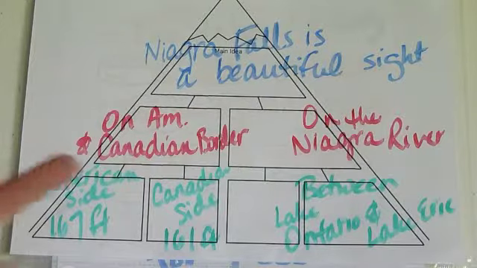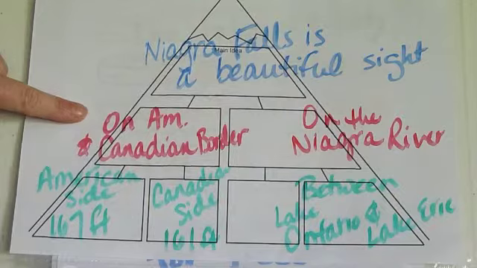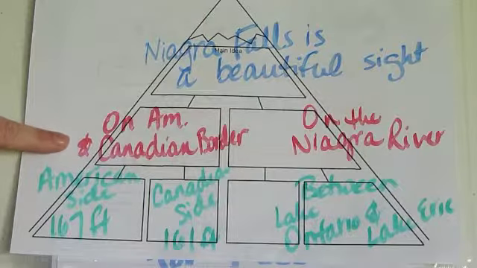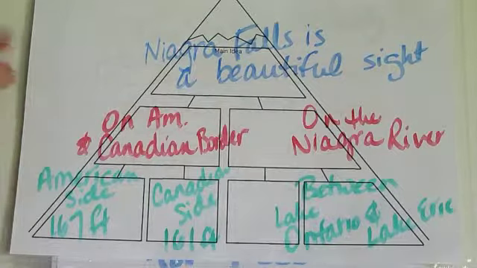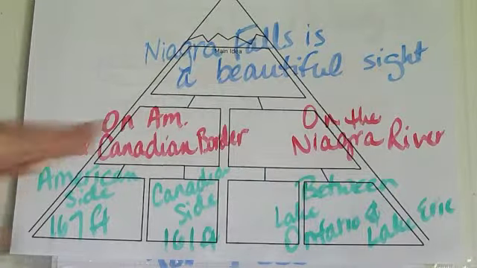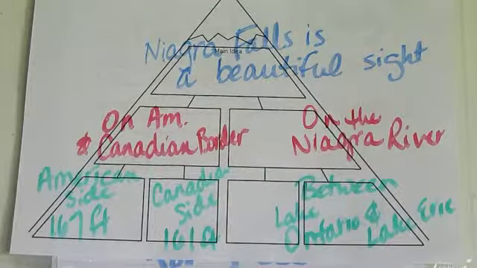One of the reasons I want to go is because it's very unique, because it's on the American and Canadian border. So one of the details about Niagara Falls is that it happens to fall right in between where the United States and Canada meet. And another detail I wanted to tell you is that it is on the Niagara River.